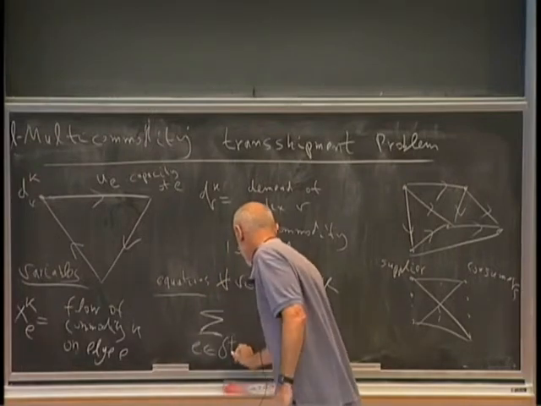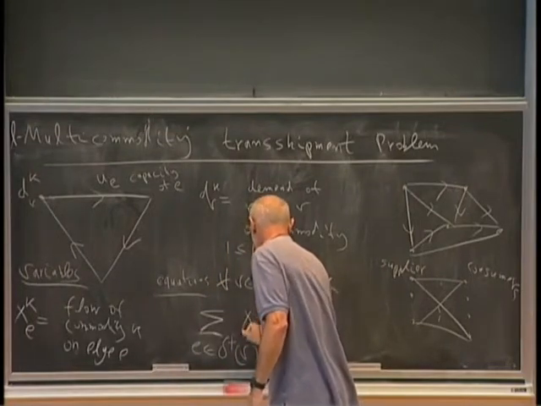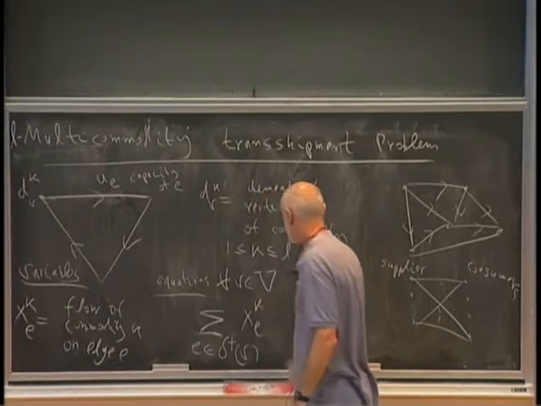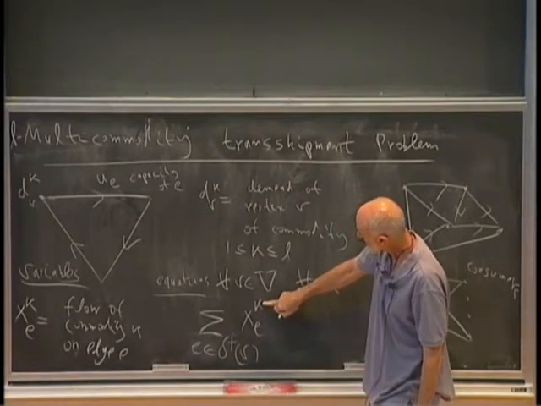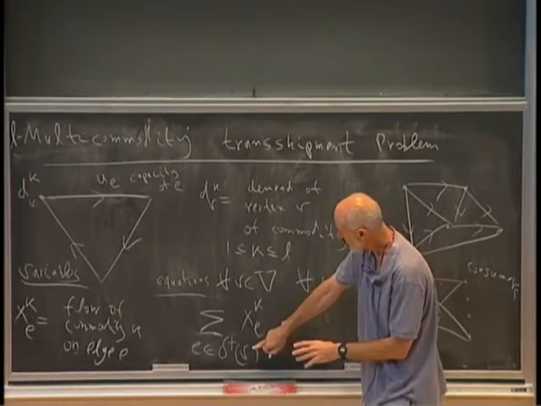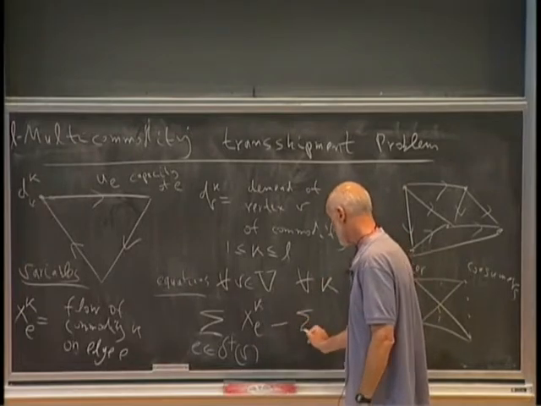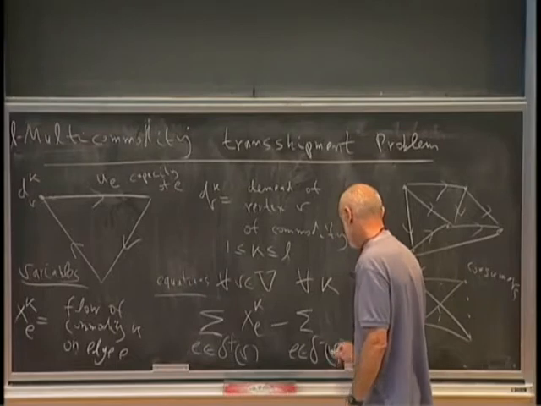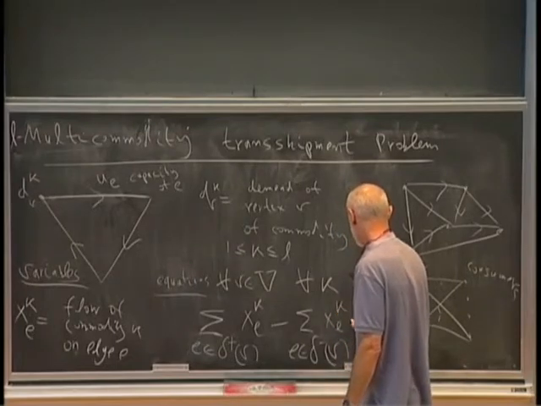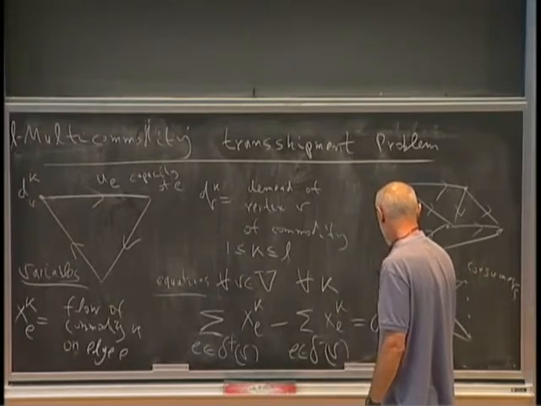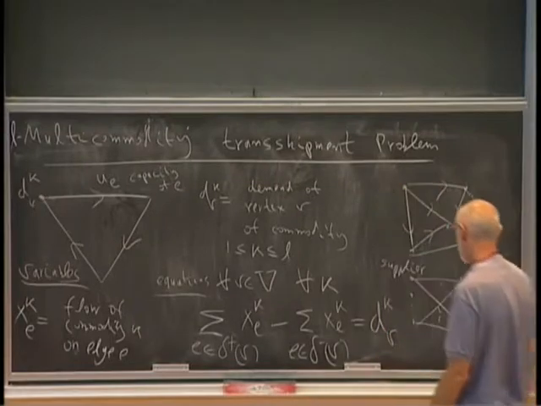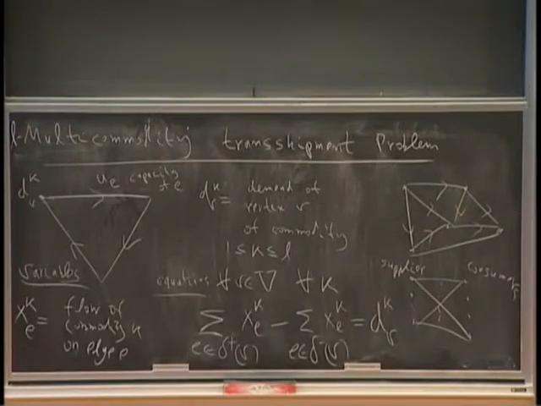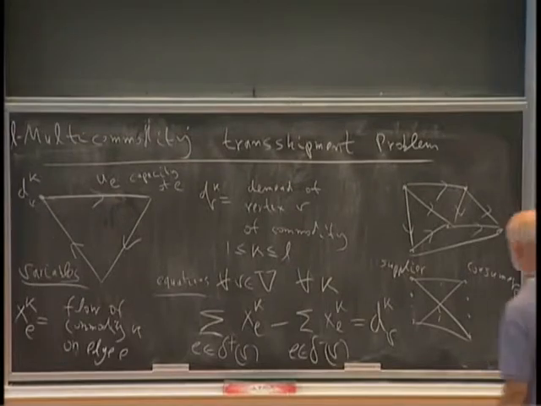Delta plus are those that get into the vertex. The total flow of commodity K on edges entering this vertex minus the total flow leaving the vertex should equal the demand of that vertex.